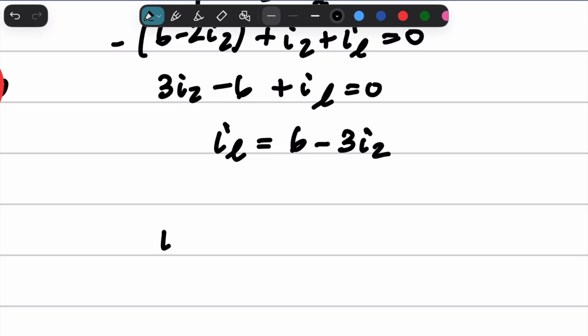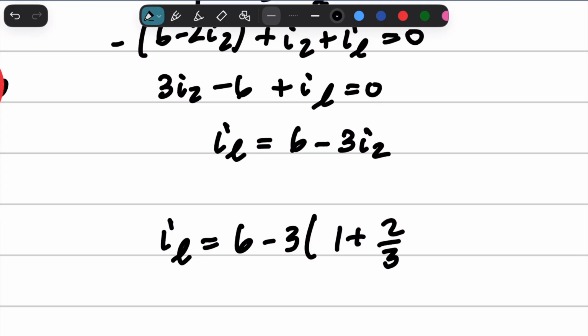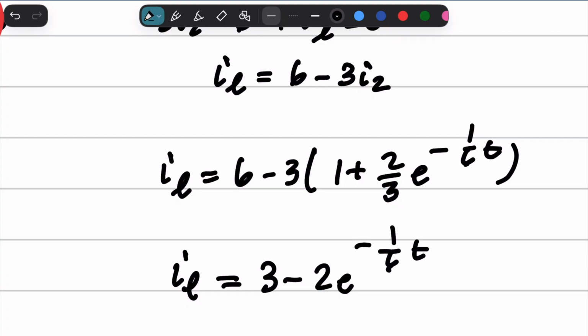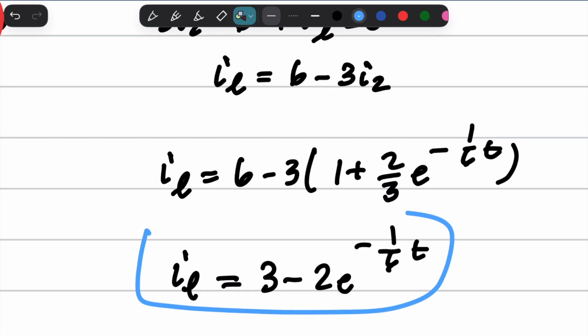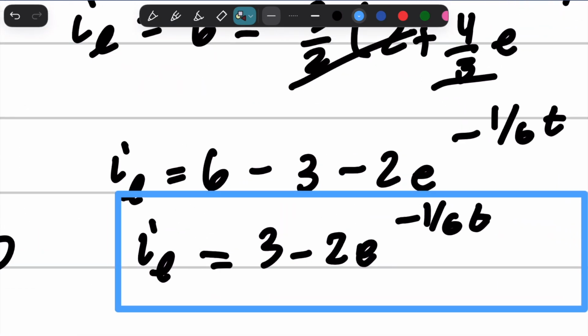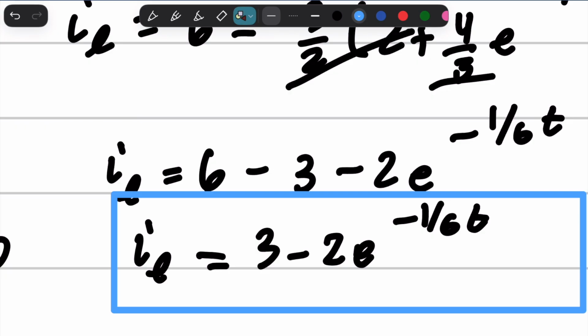And after our long, wild goose chase, we have 1 plus 2 over 3 e to the negative 1/6 t. Multiply across, and we get IL is equal to 3 minus 2e to the negative 1/6 t. And just like that, we get the same answer as before.